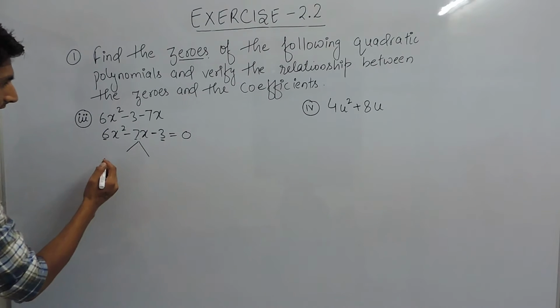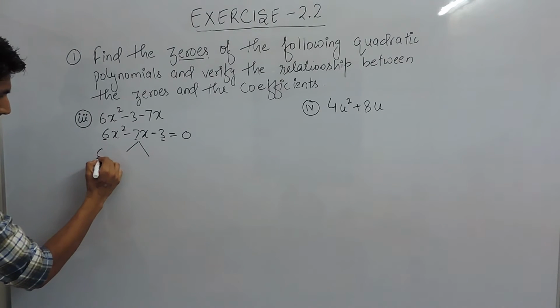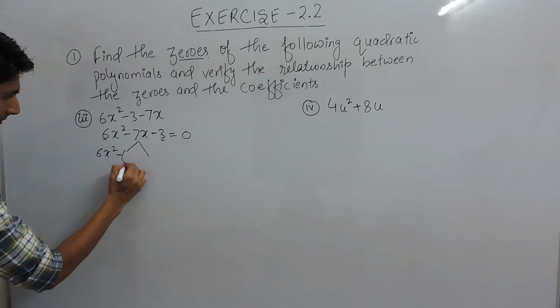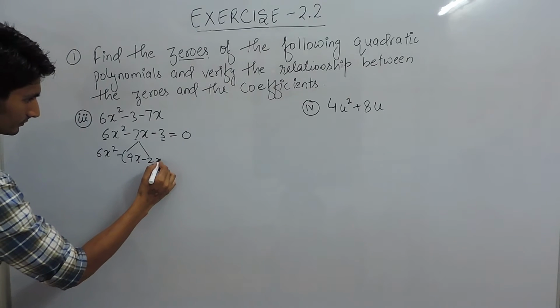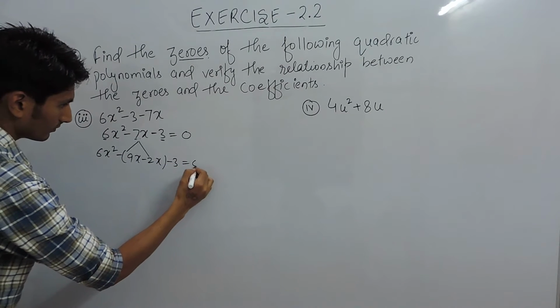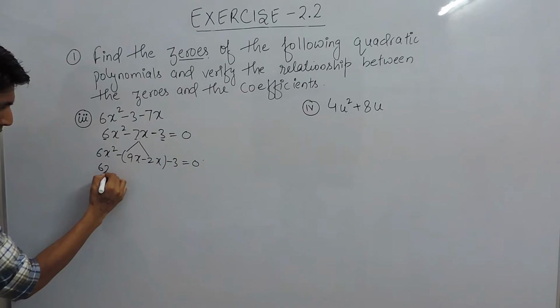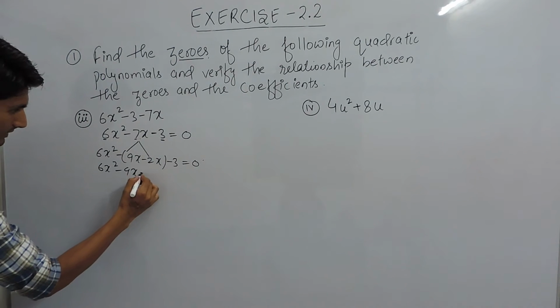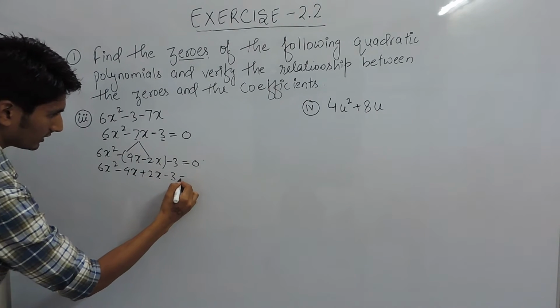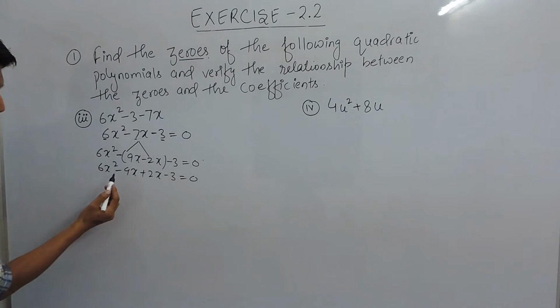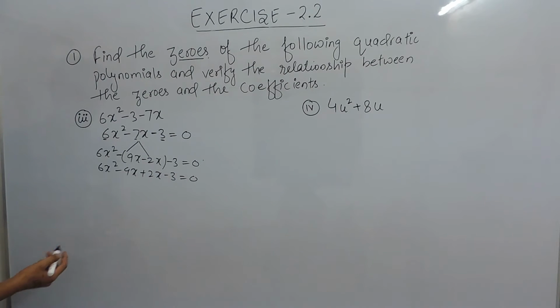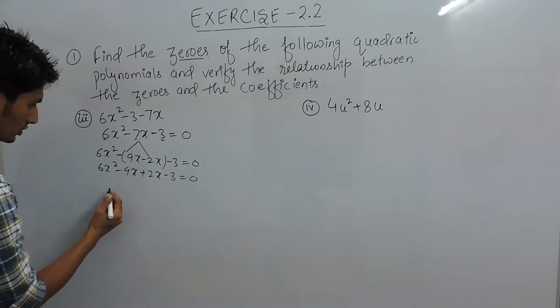So obviously 9 and 2 are those numbers, so 7 can be written as this. Opening the bracket, this is 9x, this is 2x, this is 3 equals 0, because here is a negative sign, so when the bracket is open both the signs are changed.